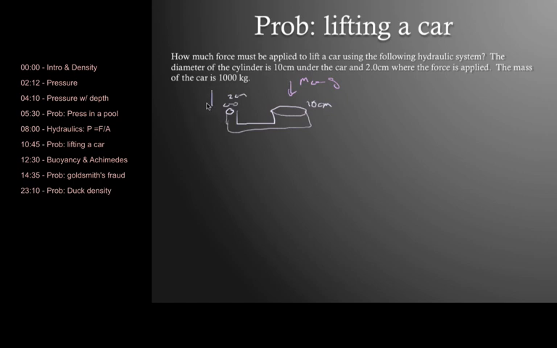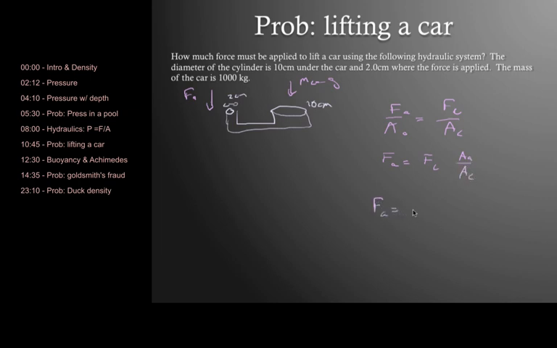We want to know what force we apply on this part in order to help pick up the car. So F applied over the area that we apply is equal to the force of the car over the area of the car. Then we solve this for the force applied, which is equal to the force from the car that we're trying to lift, A_A over A_C.